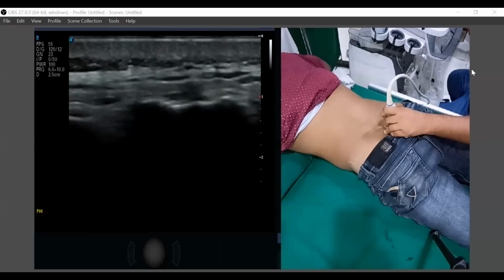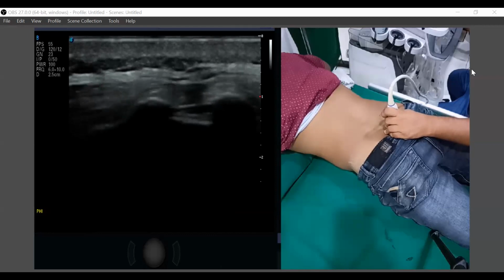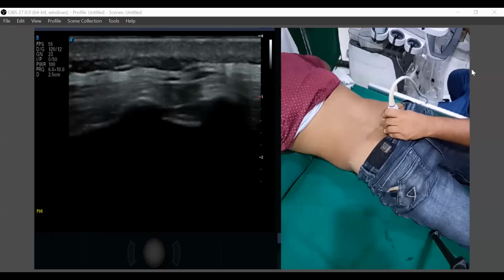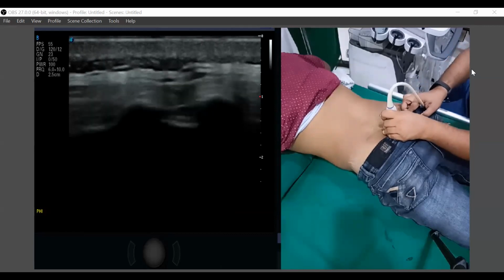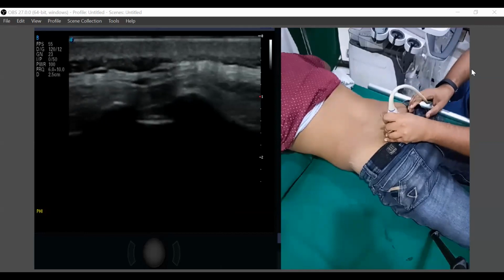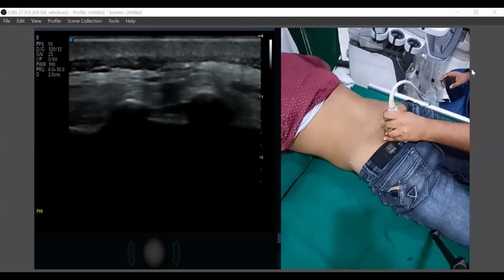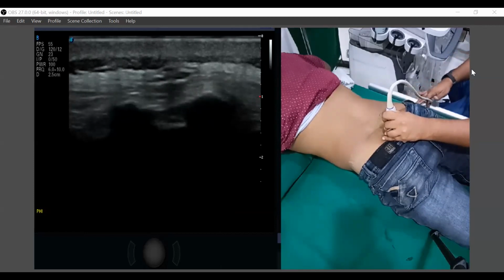So let's take it at the center. And now we are able to see the sacral cornu, and you can see the echo reflecting from the posterior portion of the vertebral body of S4 and S5.